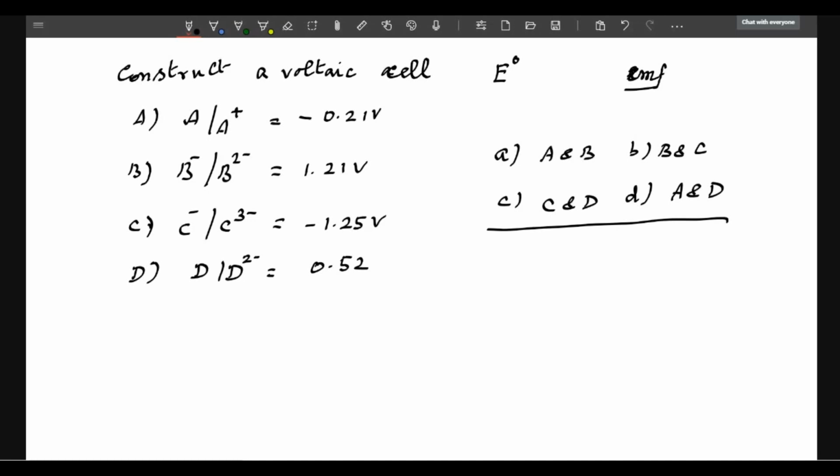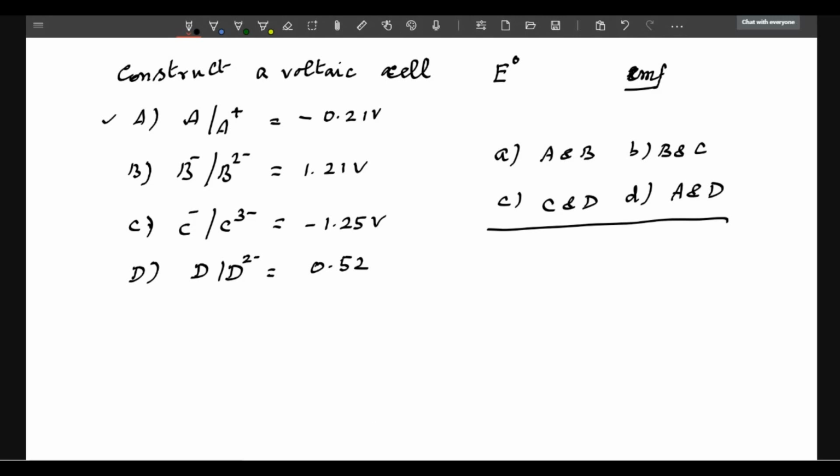Next, the first answer: given these electrodes, how many cells can be constructed? Before seeing the formula for this, first we will arrange our electrodes according to our principle: convert them into oxidation potentials and arrange them in decreasing order of oxidation potential. Here, are they all oxidation potential values or reduction potential values?